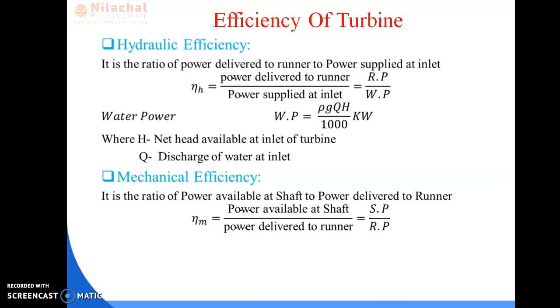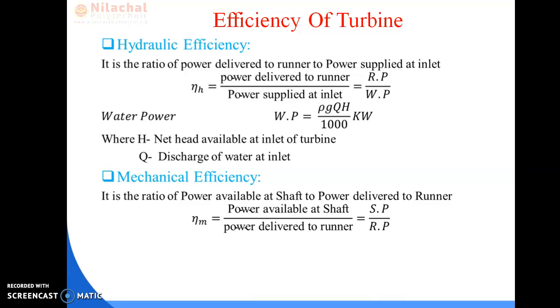What do you mean by power available at the shaft of the turbine? After the jet of water strikes the blades of the runner, the runner rotates, and due to the rotation of the runner, mechanical power is delivered by the shaft of the turbine.